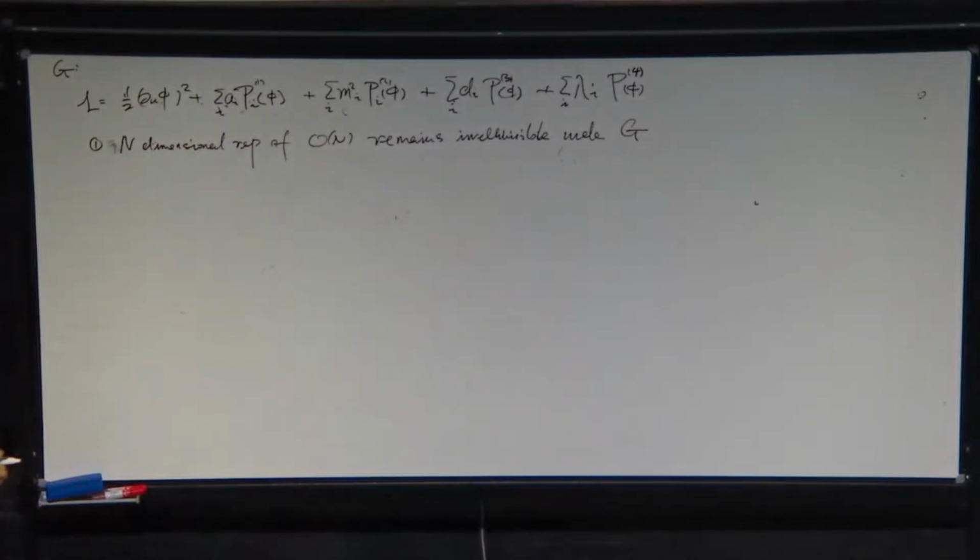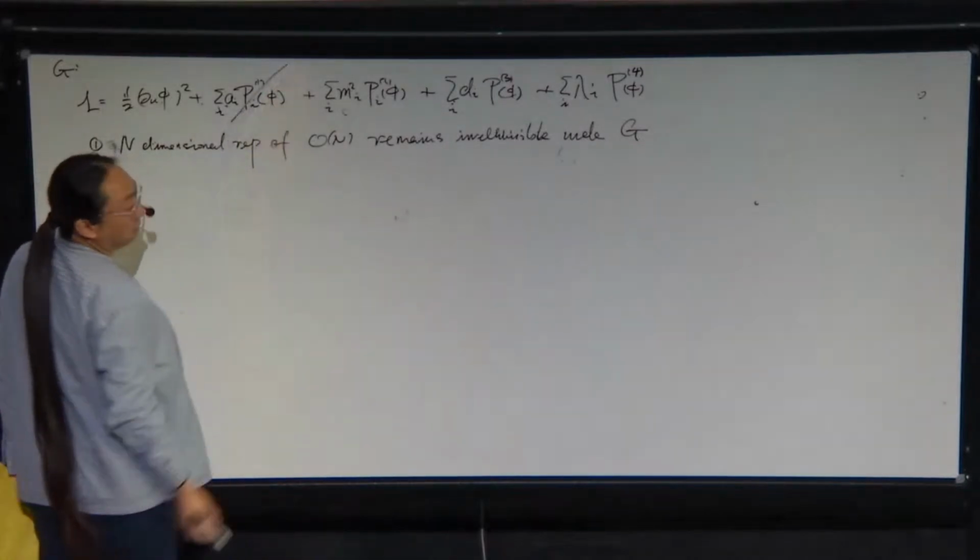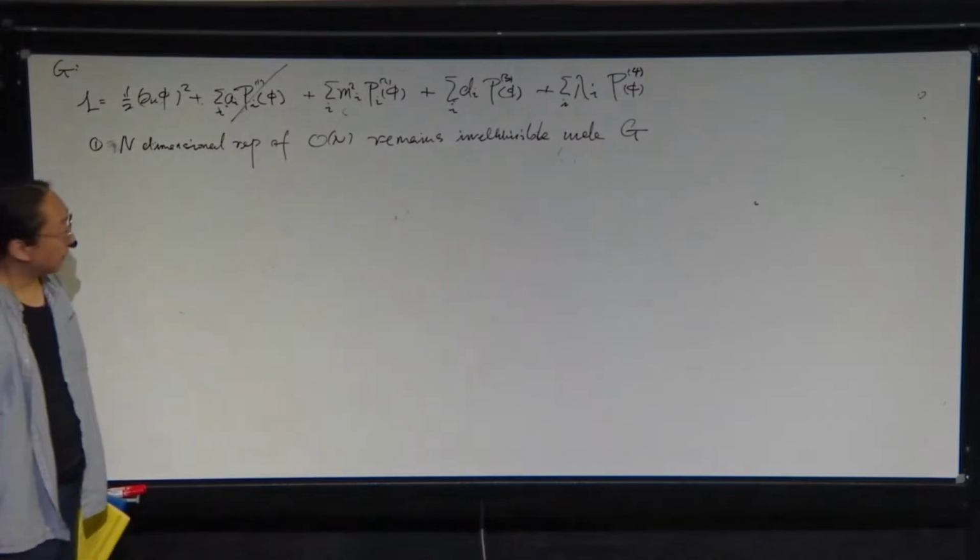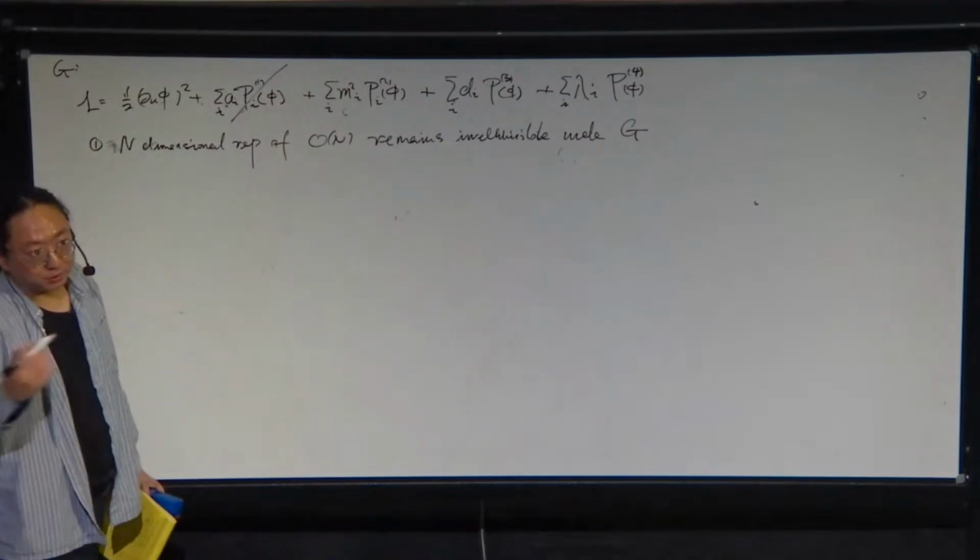Because if we impose that, we are going to kill these ones altogether, right? So the degree one terms, because it's a reducible representation.